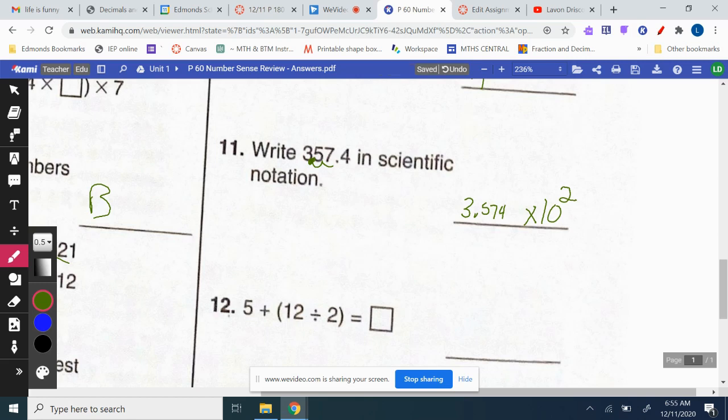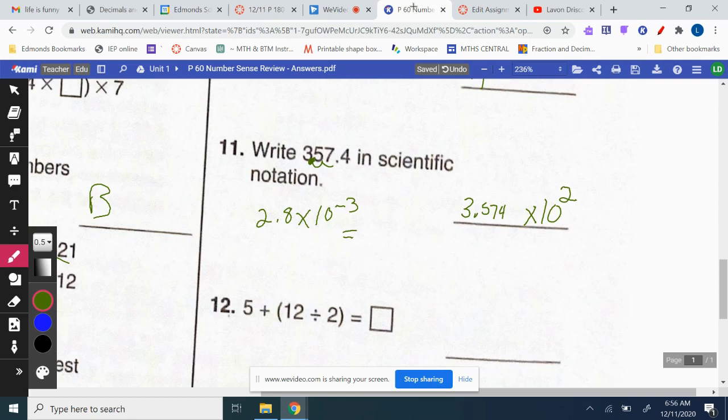You will also be expected to be able to go the other way, from scientific notation to standard notation. And sometimes, if it has a negative exponent, it's a small number. So let's go ahead and try that out. Let's say I had 2.8 times 10 to the negative third, and I said, write that in standard notation.